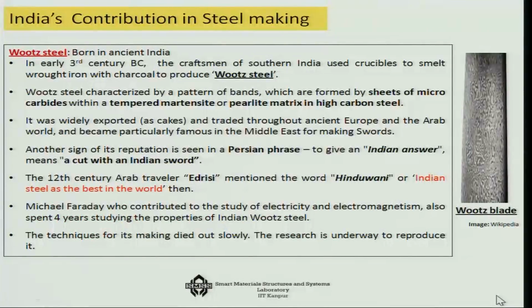Now, India's contribution, if I just highlight a little more in terms of the wood steel, because it is still a mystery how the wood steel became so famous.